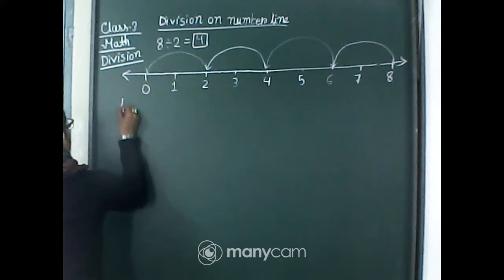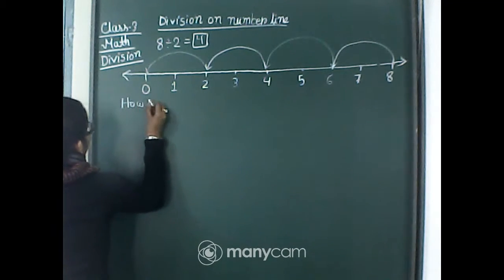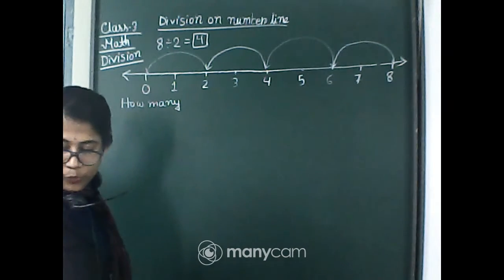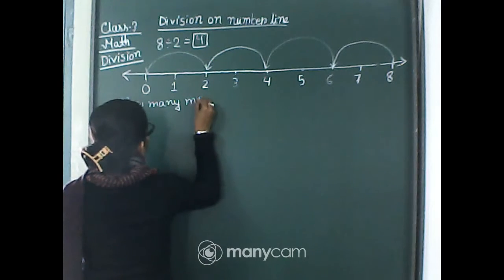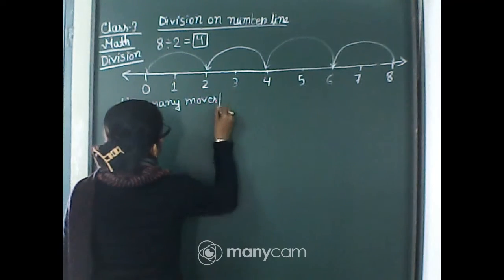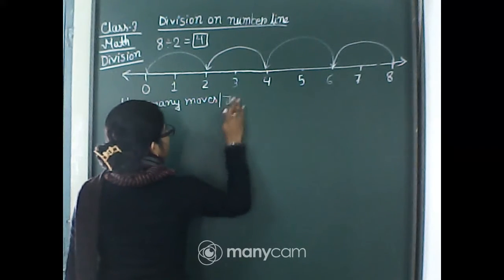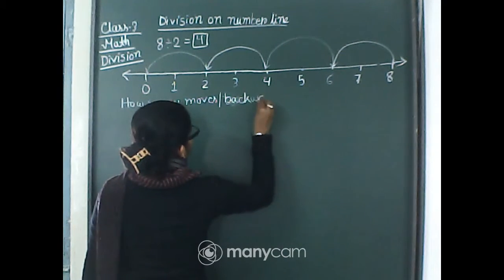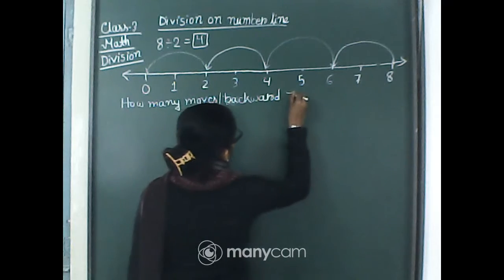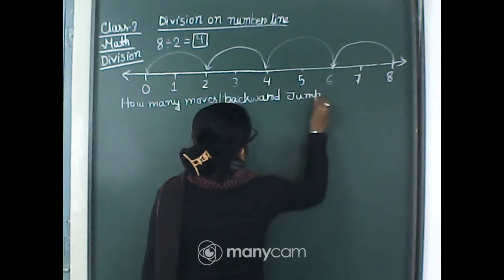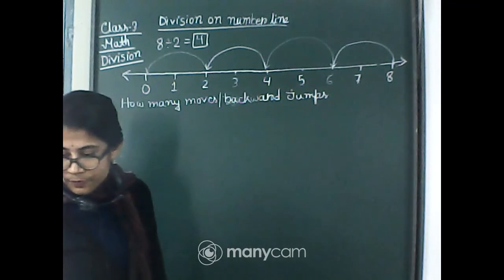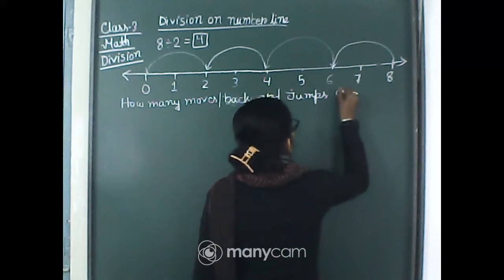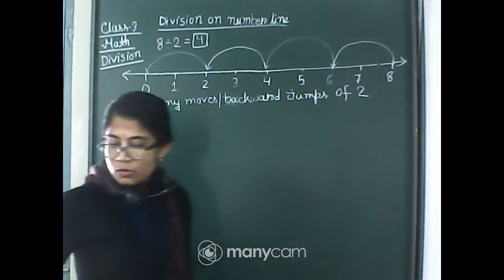So how many moves or backward jumps of 2 each?